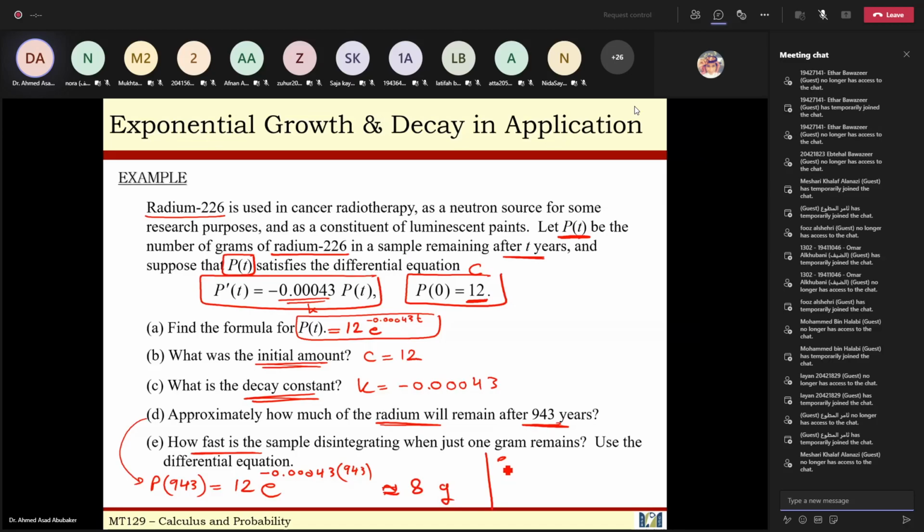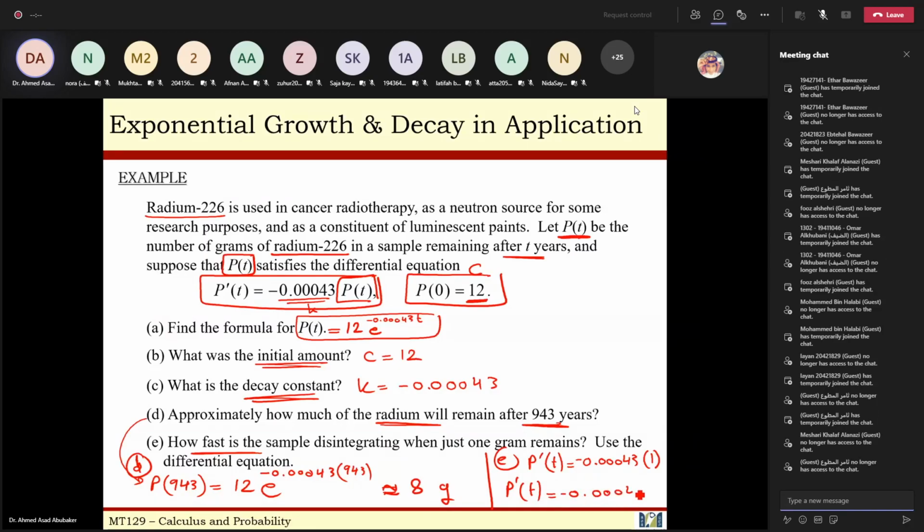So B prime for 1 gram is equal to negative 0.00043 multiplied by 1 gram, because B of T is the number of grams. So B prime of T equals negative 0.00043. This is the rate of decay.